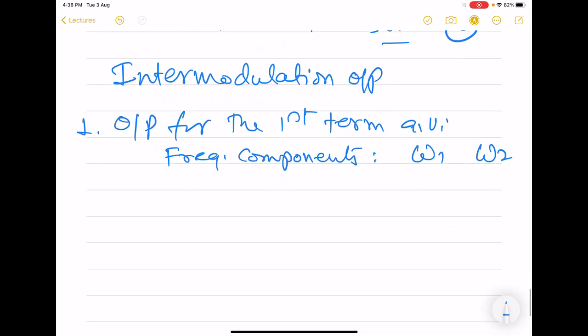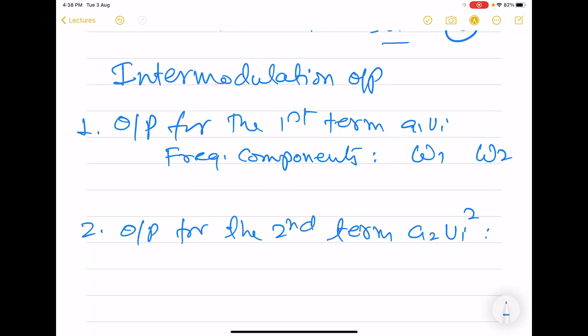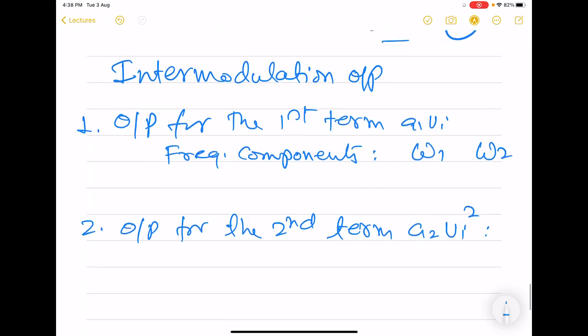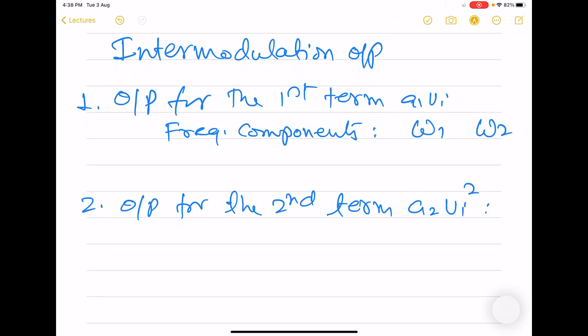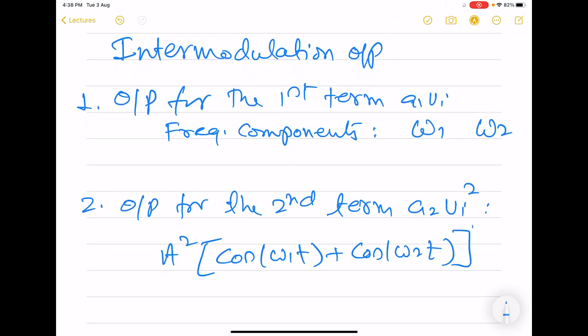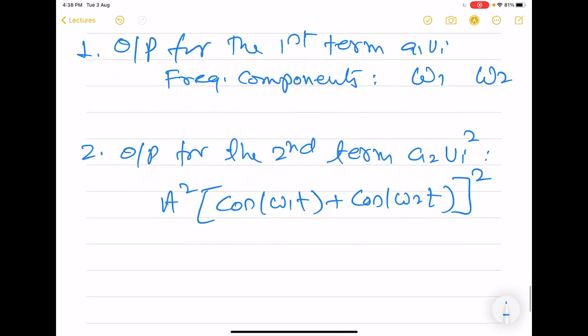Now let us see what happens for the second term. Output for the second term, that means A2 Vi square. So what will be the role of this? So we know that this will basically involve expanding this term here.